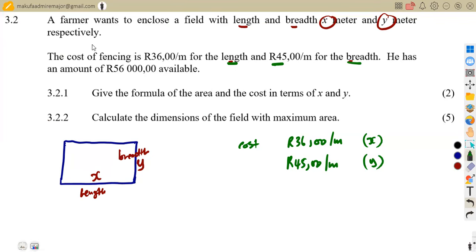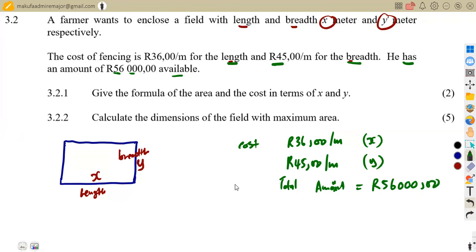Then he has, take note, guys, be careful when you're answering a question. He has an amount of 56,000. This is the amount that he has that is available. So meaning to say the total amount that he has, or the total cost, is 56,000.